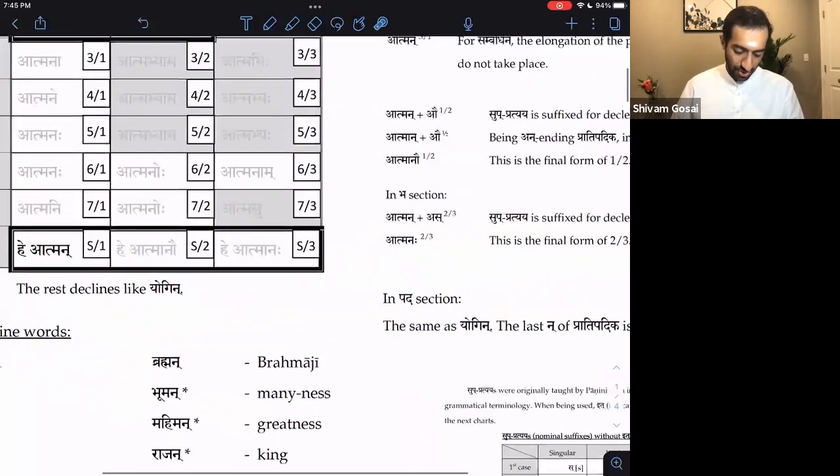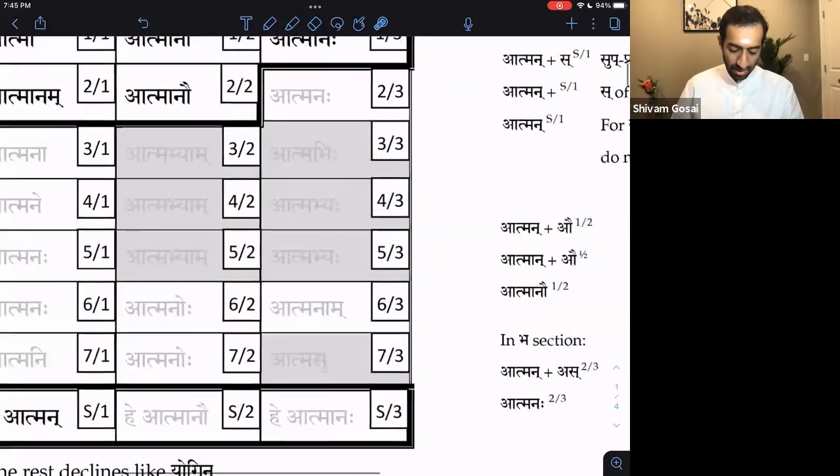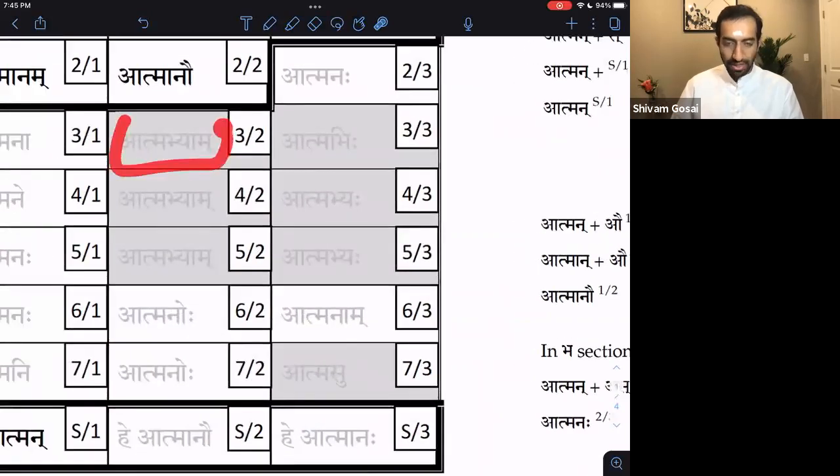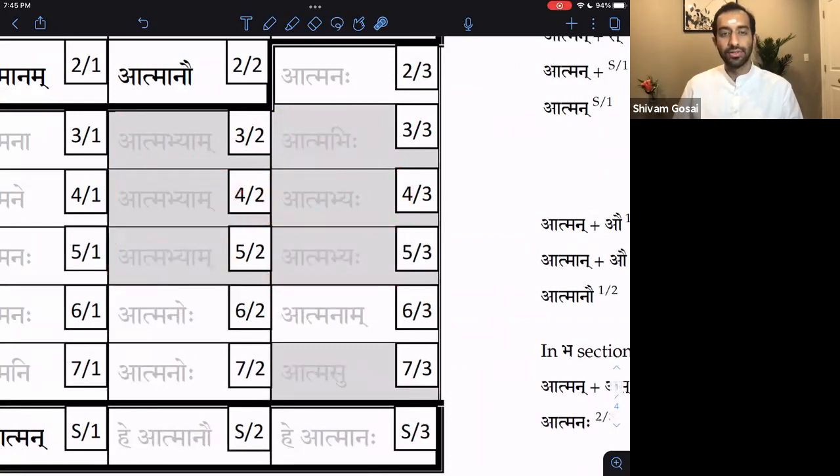So that nakara is removed. So instead of atman, it becomes atma. So atma bhyam. Atma bihi. Atmabhyam, atmabhyaha, atmabhyam, atmabhyaha.